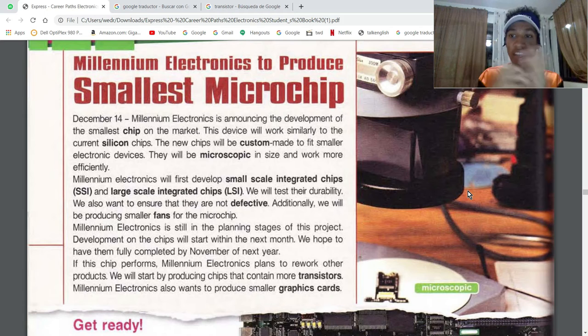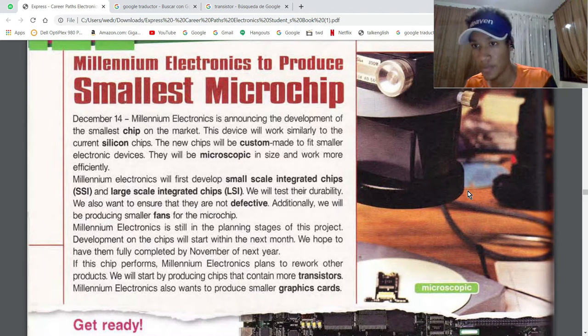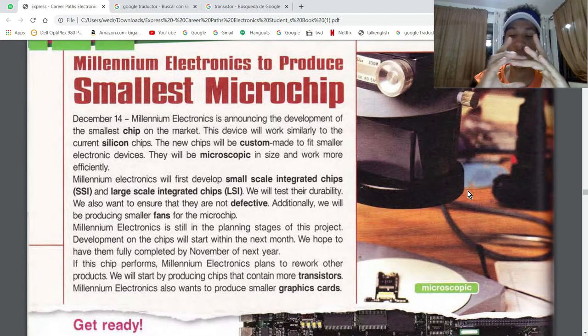So when you put different transistors with different forms and different configurations, you have a chip, but that chip is a model.